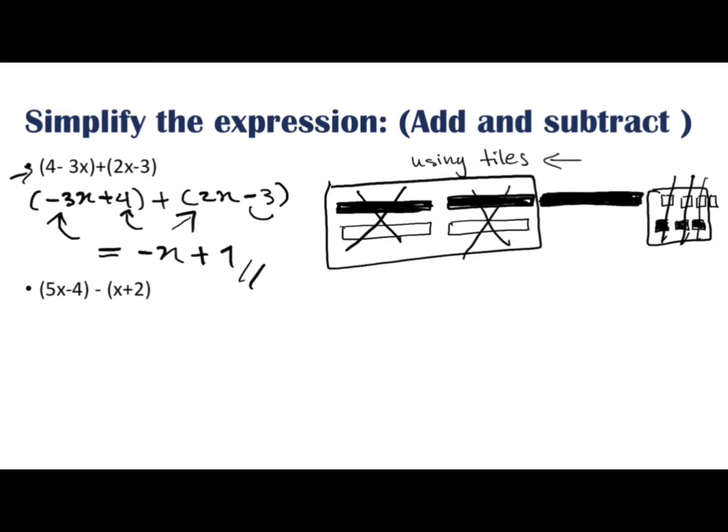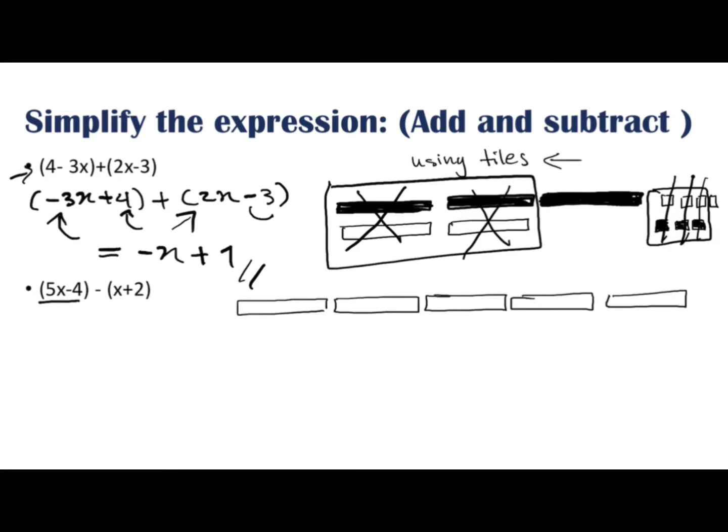Now we are going to solve the second one. 5x, it is positive, so 1 2 3 4 5.